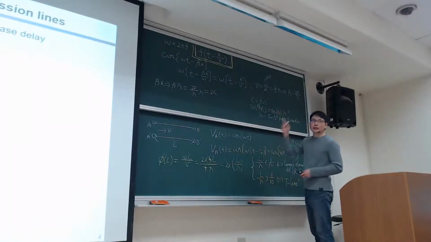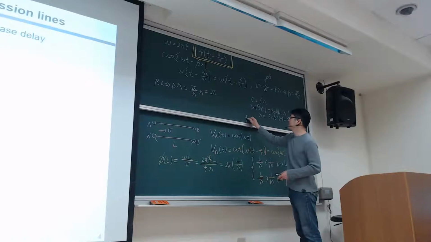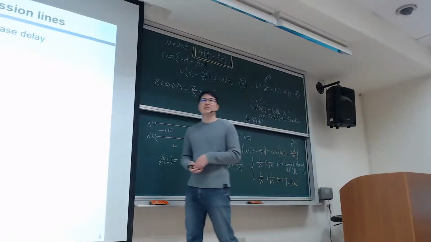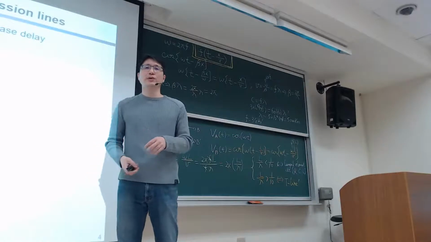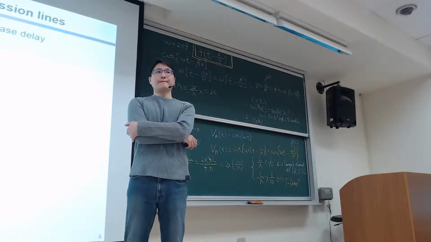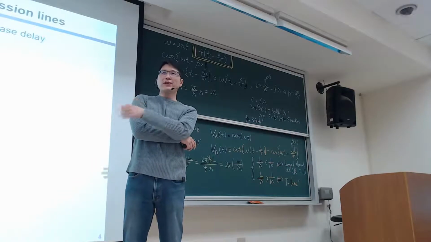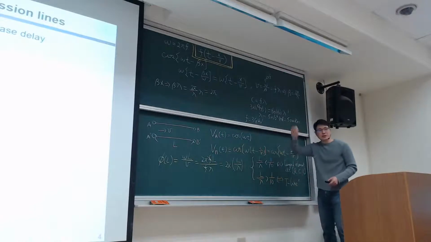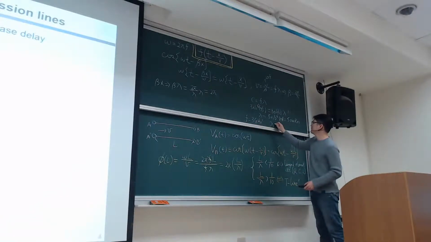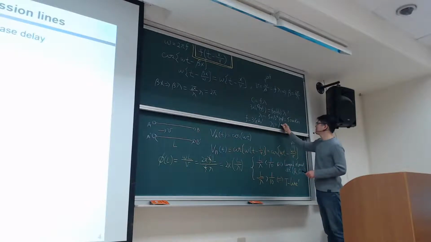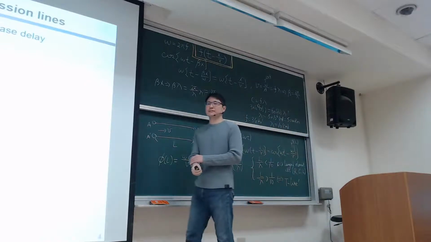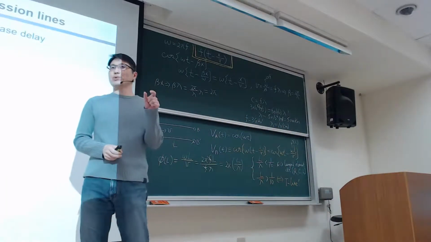Now let's try to do some calculation. What happens if your f is 3 gigahertz? Why do I choose 3 gigahertz? That's probably the clock rate for your CPUs. For your computers, it's roughly 3 gigahertz. If you operate at 3 gigahertz, then the corresponding wavelength is probably 10 centimeters. Centimeter wavelength.